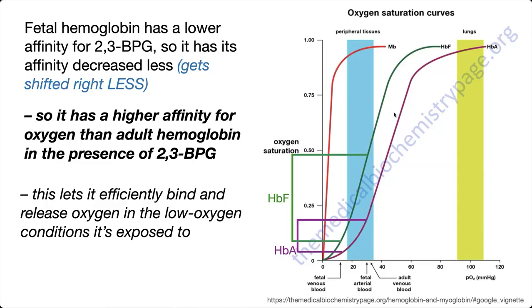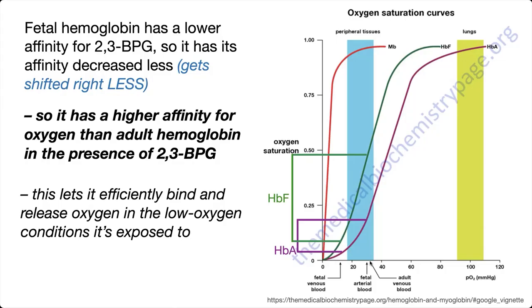Why is this important? Well, let's do again our comparison of different oxygen concentrations and the amount of oxygen that would be bound, and therefore the amount that would be released. So now, though, instead of looking at sea level versus our tissues, or at sea level versus high altitude versus our tissues, we're going to be looking at adult venous blood versus fetal arterial blood and fetal venous blood.